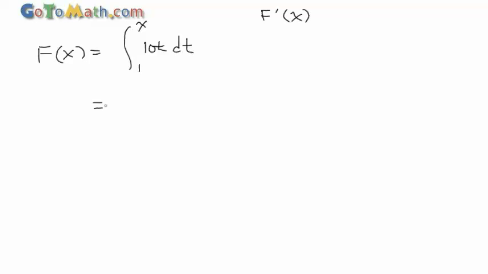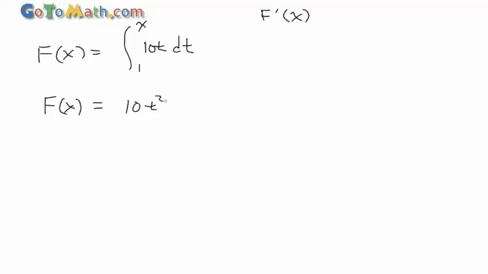We're going to do this the old-fashioned way first. I don't suggest that you do this, but we're going to do it anyway, just to let you know it can be done this way only if you can take the integral of this.